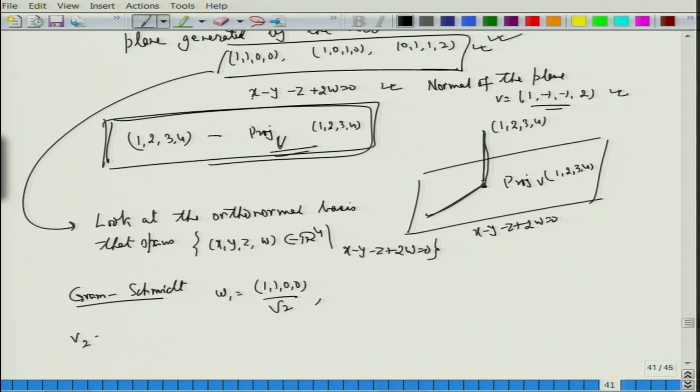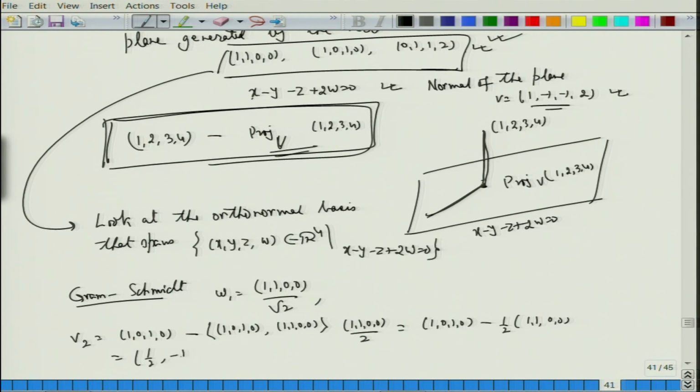I can take v2 is equal to 1, 0, 1, 0 minus the inner product of 1, 0, 1, 0 with 1, 1, 0, 0, times 1, 1, 0, 0 divided by 2, which is the same as 1, 0, 1, 0 minus 1 upon 2 times 1, 1, 0, 0, which is the same as 1 minus half is half, 0 minus half is minus half, 1 and 0.